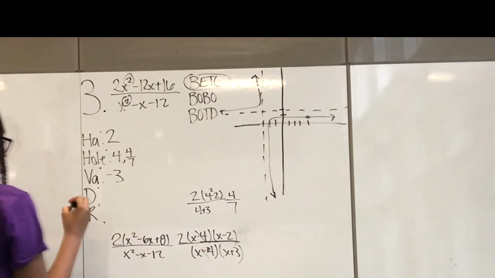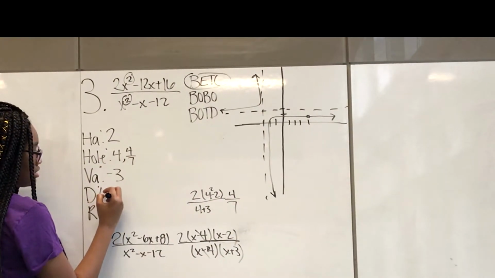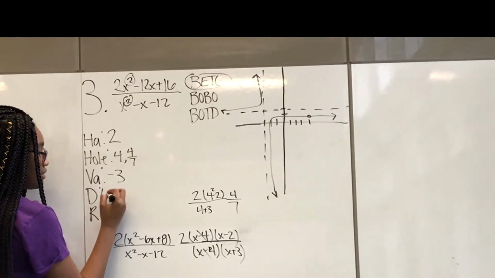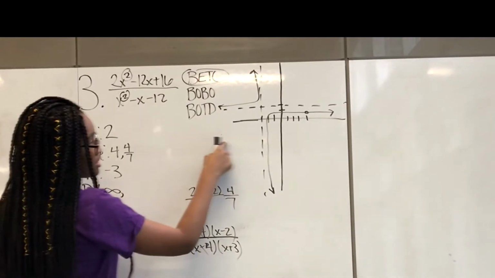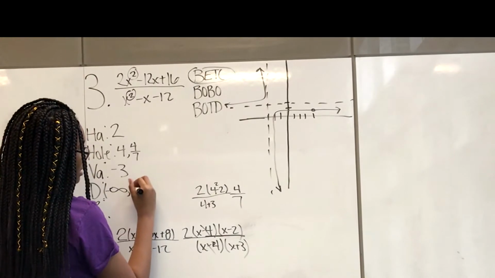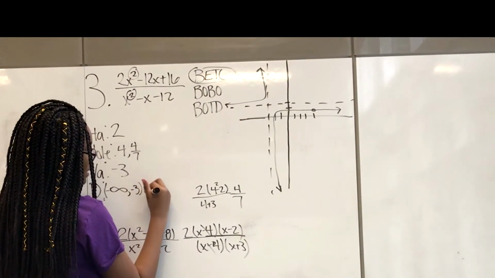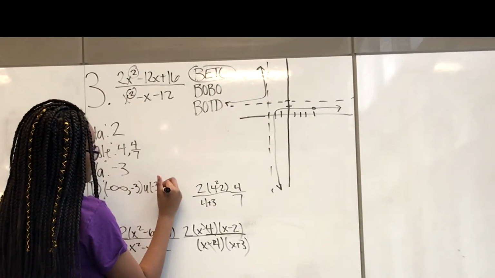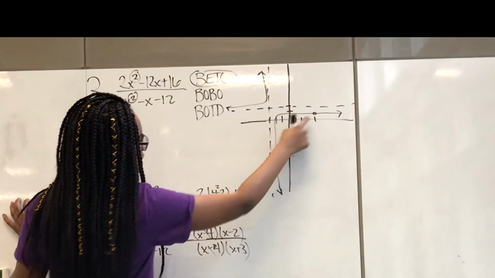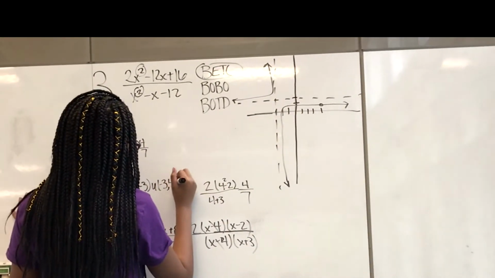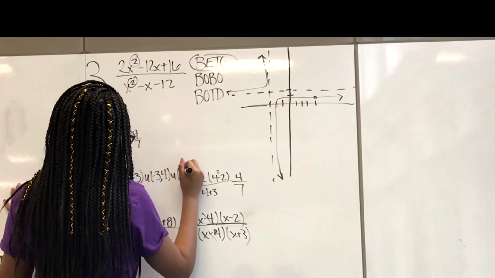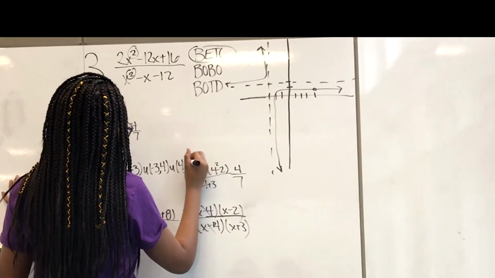Like that. And then do the domain, left to right, negative infinity to the vertical asymptote at negative 3, union negative 3 to the hole, which is 4, union 4 to infinity.